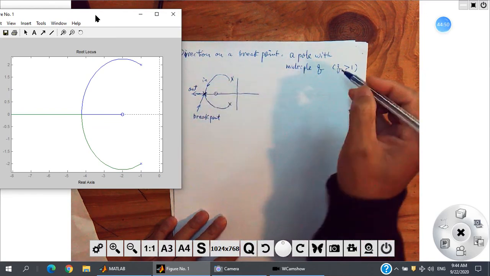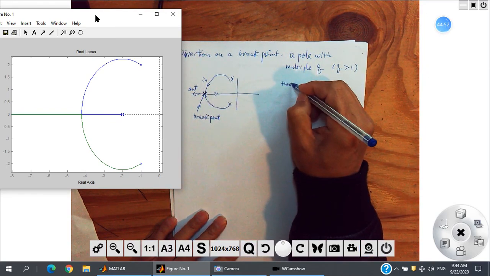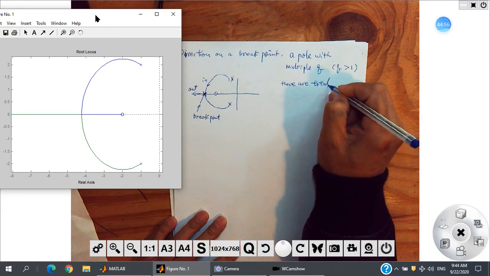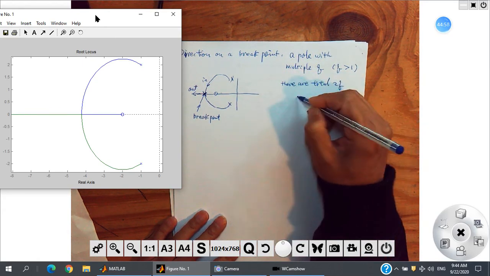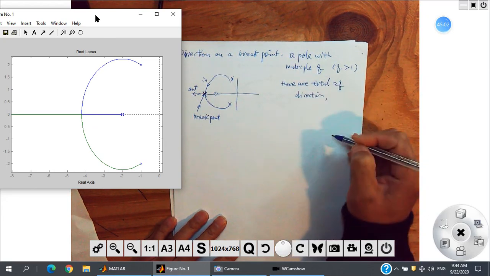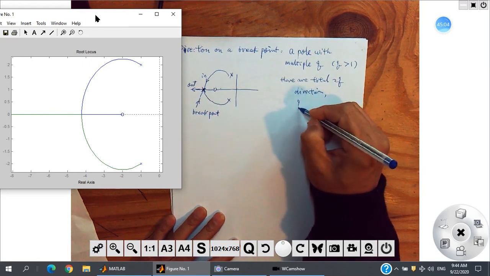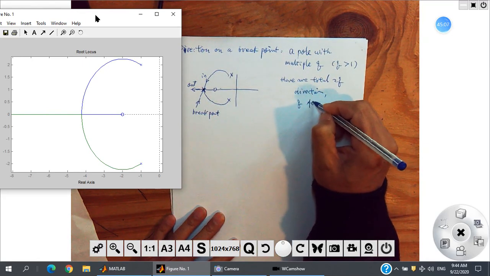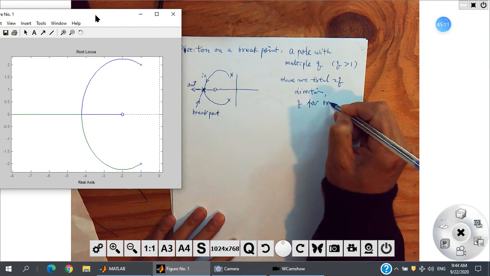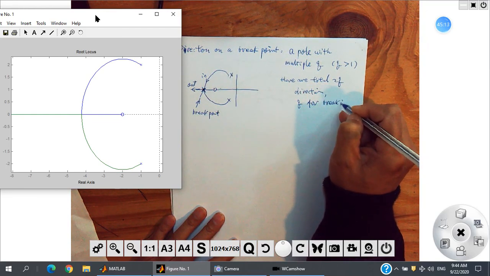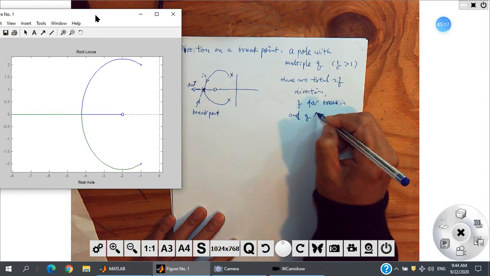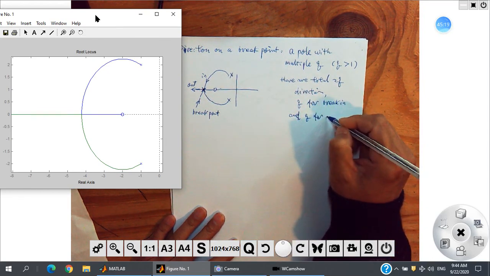Then there are a total of 2Q directions. Two Q directions: Q directions for break in, and Q other directions for break out.